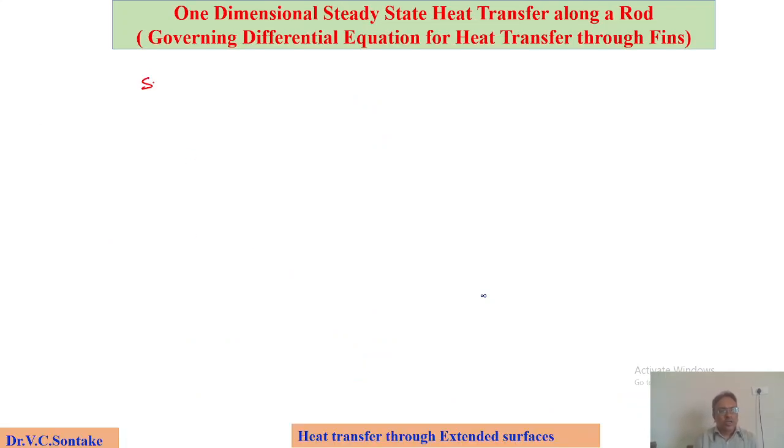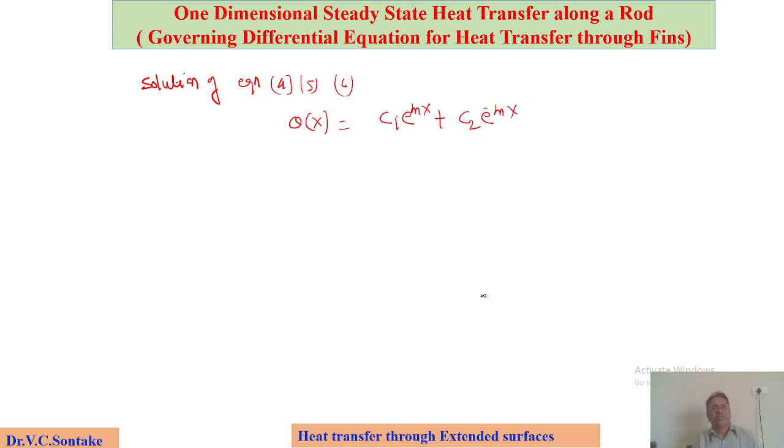So the solution of equation 4, 5 or 6 can be given like this: theta x is equal to C1 e to the power mx plus C2 e to the power minus mx.